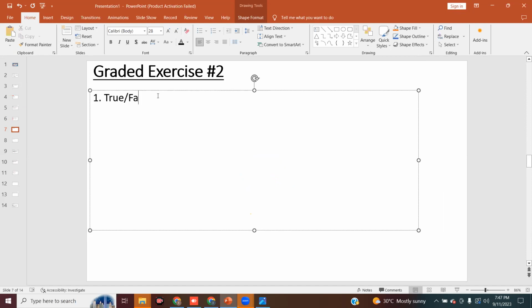True or false? An empty set can contain 0 in it. An empty set can contain 0 in it.